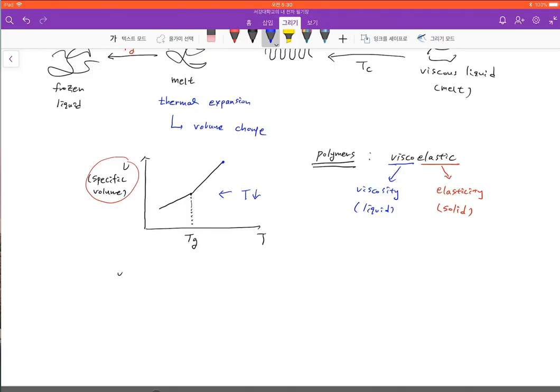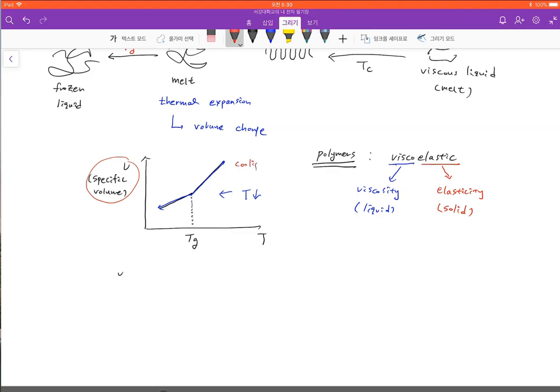In the first case, let's say that the cooling rate is relatively slow. Then it will follow this kind of behavior. Below glass transition temperature, it becomes like a frozen solid.